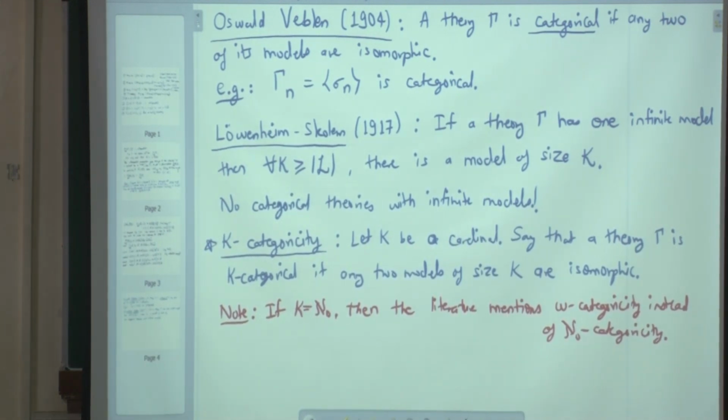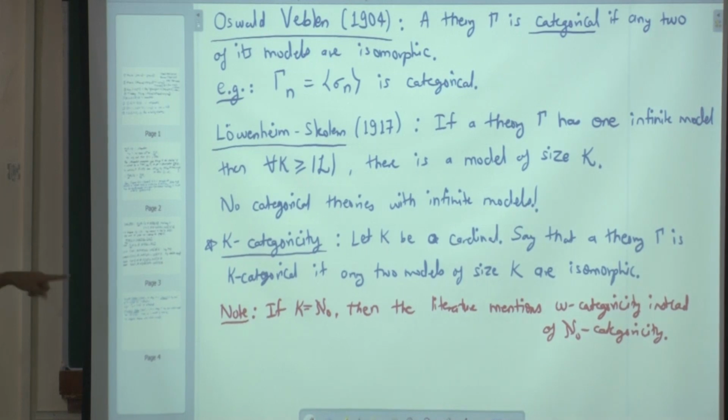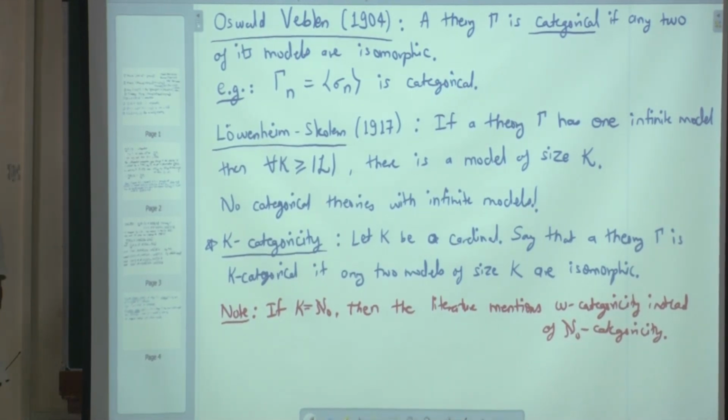Perhaps when this discussion started, the notation aleph naught was not in practice. So therefore, they only talked about omega categoricity. Omega and aleph naught are the same as cardinals. But if you read something, then you will find omega categoricity to be a more popular choice of name. Okay.